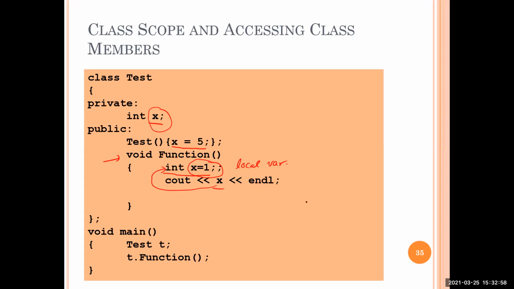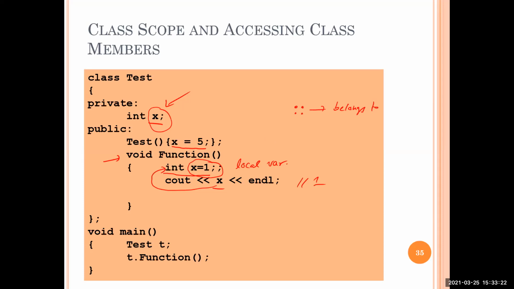So it will actually be printing 1. And if you want to access the data member x, which is the member of the class, there are different ways, but we have seen only one way for the time being, which is the scope resolution operator.